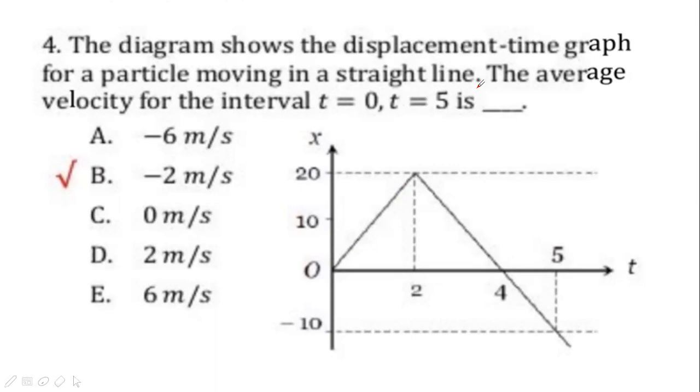So the average velocity is the change in displacement, minus 10, divided by the time interval 5. You will get minus 2 meters per second. So option B is the right option.